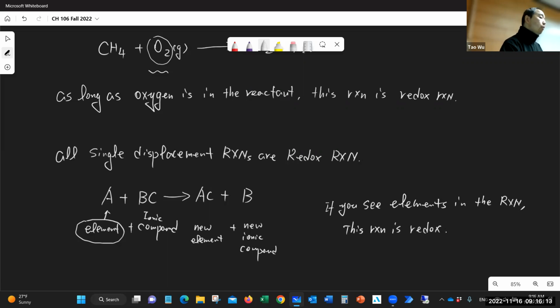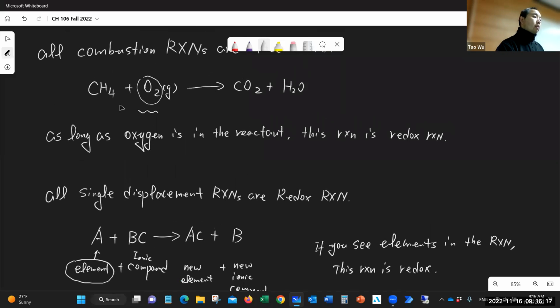If you see the first one, the combustion reaction, oxygen is also an element. If there are elements in the reaction, then for sure this is a redox reaction. Okay, yeah.